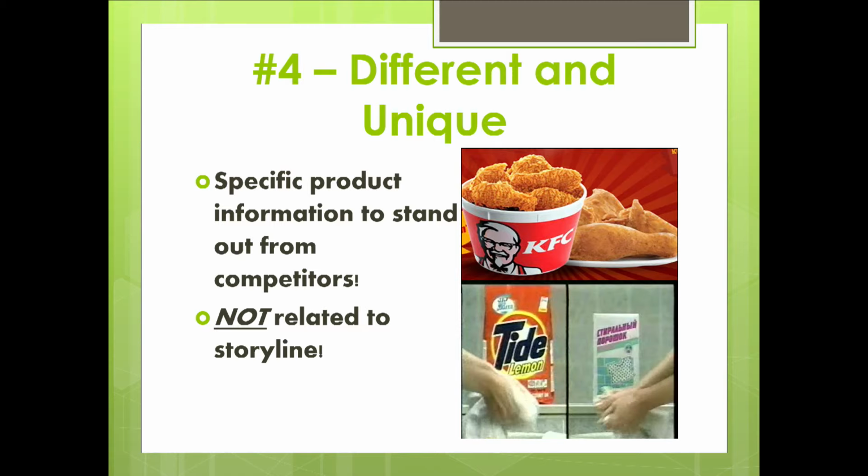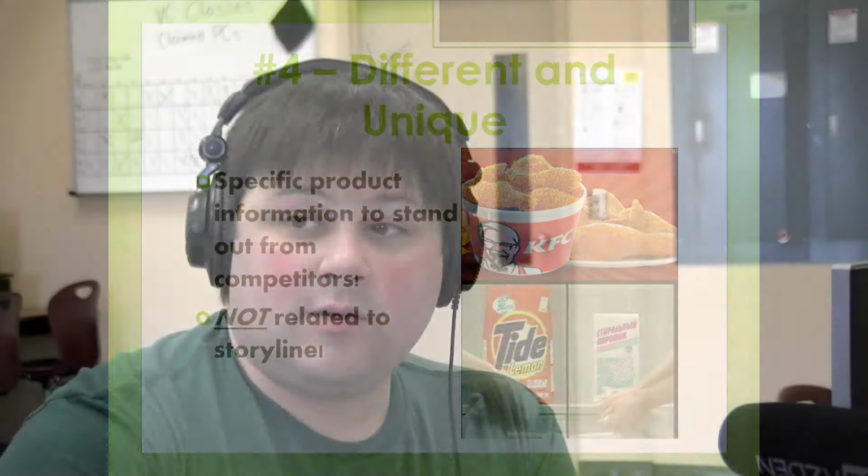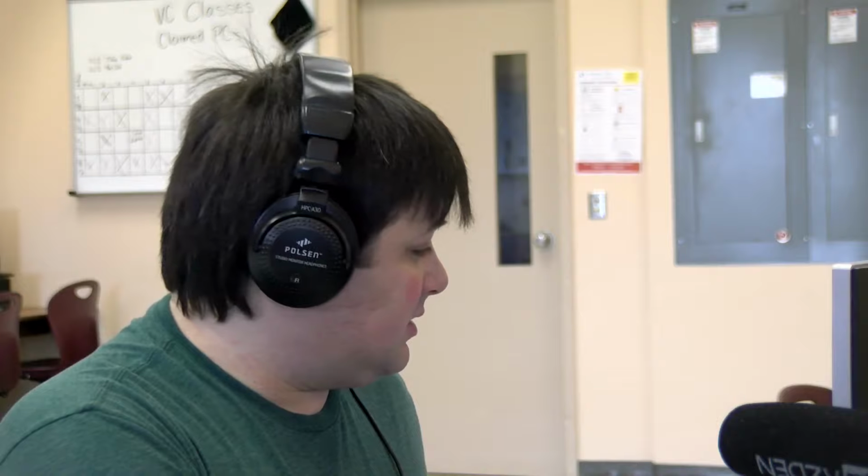One that gets people a lot when it comes to different and unique is, let me minimize this. One thing that gets people when they think different and unique is, oh, I've never seen that in a commercial before. Okay, but how is the product different and unique?